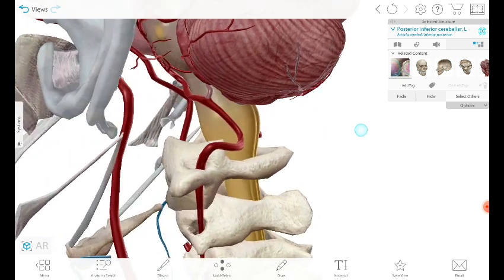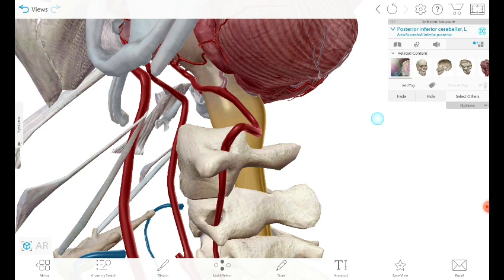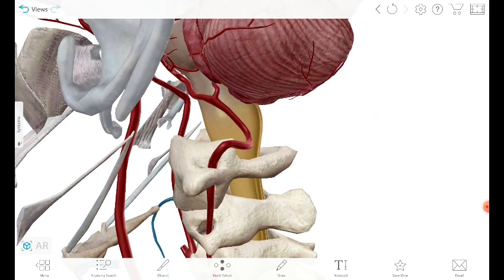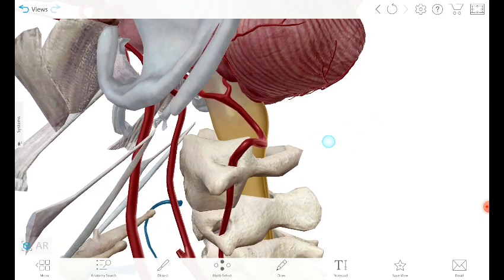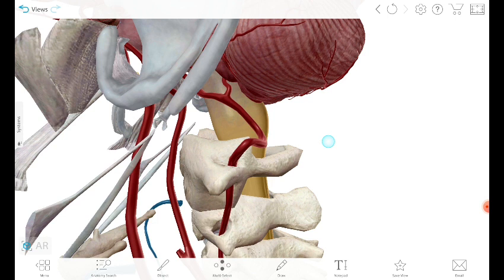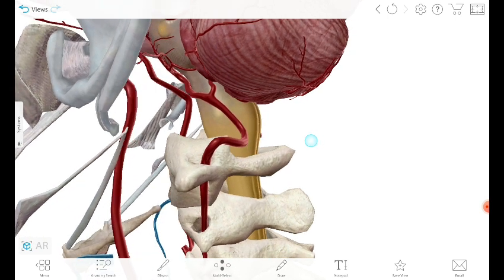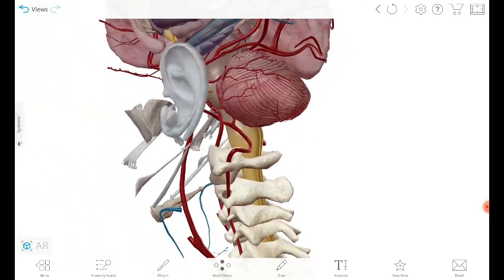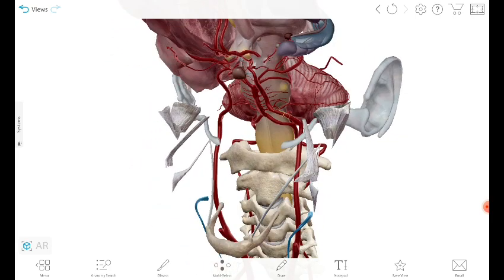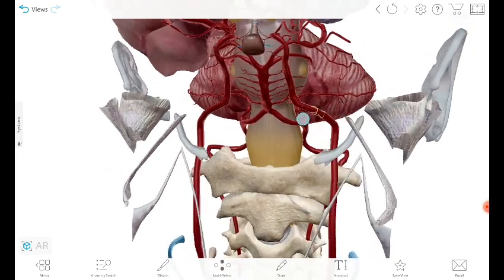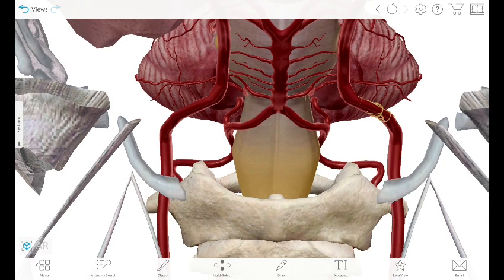So hence it justifies the name of posterior inferior cerebellar artery. So these are the three branches: anterior spinal, posterior inferior cerebellar artery, and it also gives one meningeal branch and a medullary branch. Now comes the basilar artery.